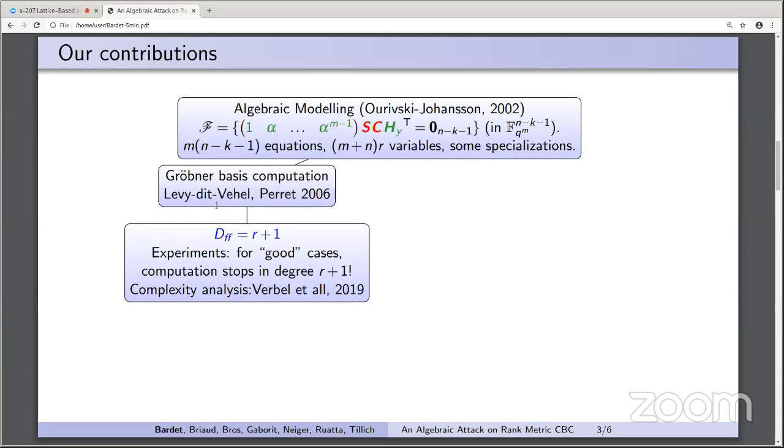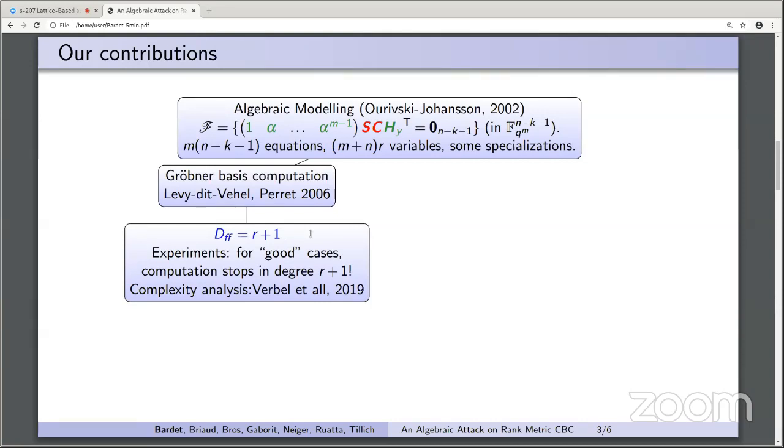In 2006, Levy-dit-Vehel and Perret started to solve this system with Gröbner basis computation. And recently, a paper from Verbel and Hall in 2019, studying the MinRank problem, which is very close to this problem, shows that when you compute a Gröbner basis, usually the strategy goes by increasing degrees, and in degree r+1, something happens.